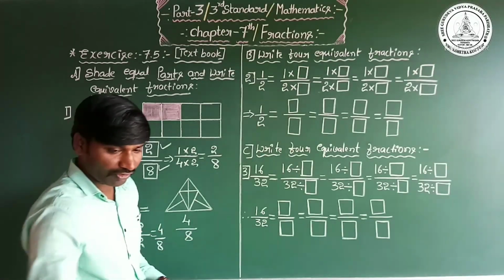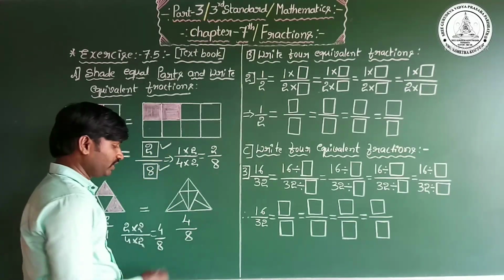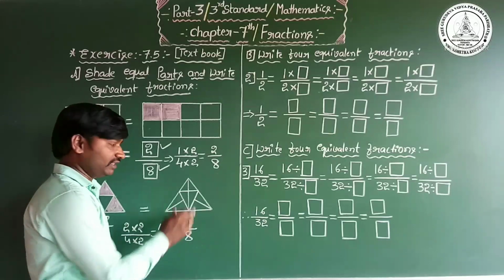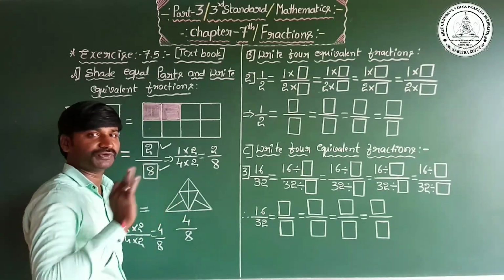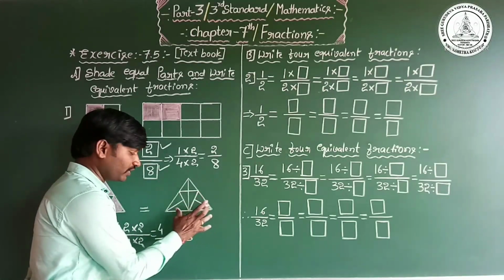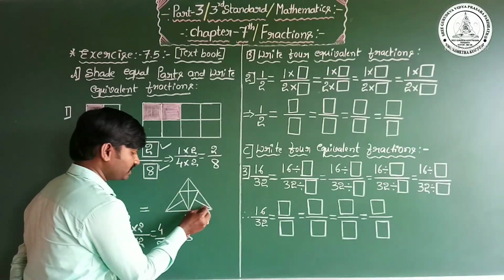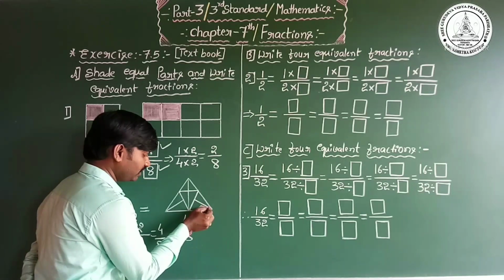So how many parts do you shade here? Total parts: 1, 2, 3, 4, 5, 6, 7, 8. This triangle is divided into 8 parts. How many parts do you want to shade here? 4 parts. Now shade 4 parts, all of you, in your textbook.